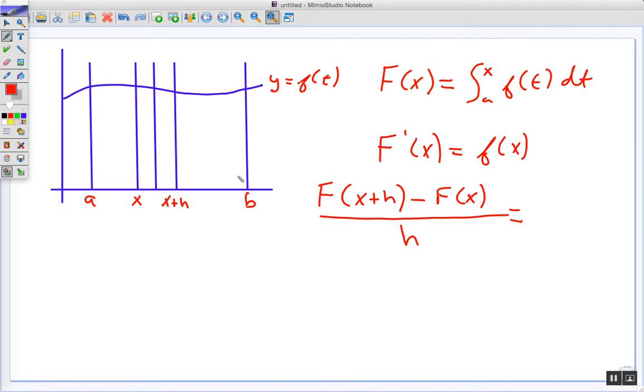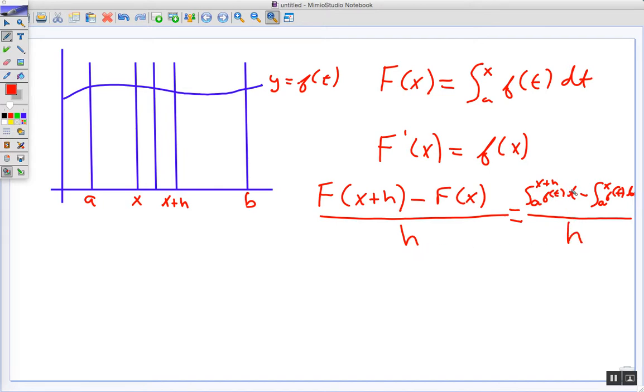So we can write that as the integral from a to x plus h of f of t dt minus F of x. Well, that's the area from a to x. So minus the integral from a to x of f of t dt. And that's still divided by h.